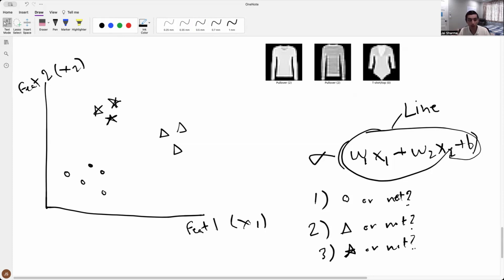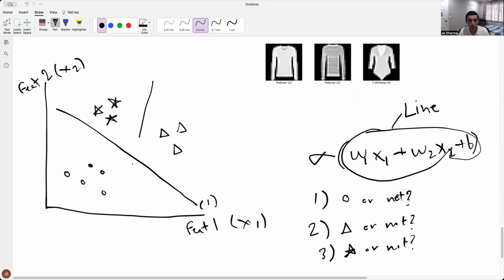By asking ourselves these three questions and training a logistic regression model on each of these three situations, for the first one we would create a line between these two. We would treat this as the same group as this, right? Stars and triangles are both just not circles. So this would be line one. Then line two would correspond to grouping this as one group and grouping this whole thing as one group, and we just want to separate the two.